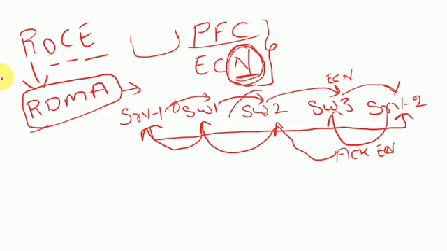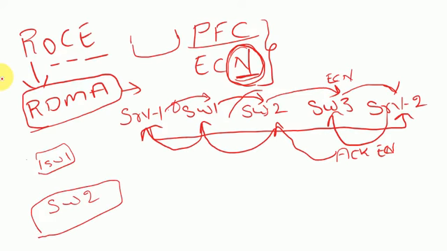PFC is a priority flow control which is enabled between peer to peer. Let's say we have switch 1 and we have switch 2. Okay, we have communication. So PFC is enabled here and PFC is enabled here. So that's how it's peer to peer. Or we can see one more thing.